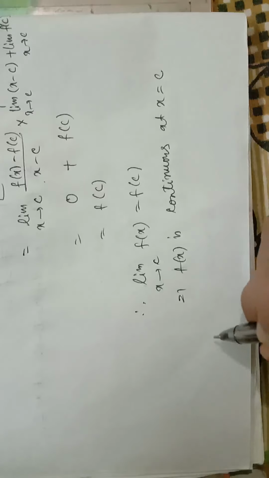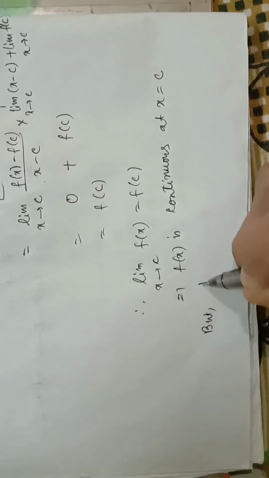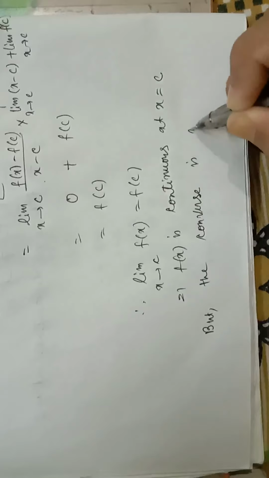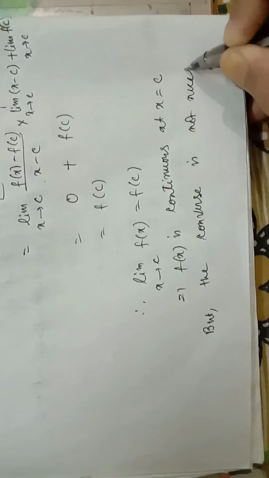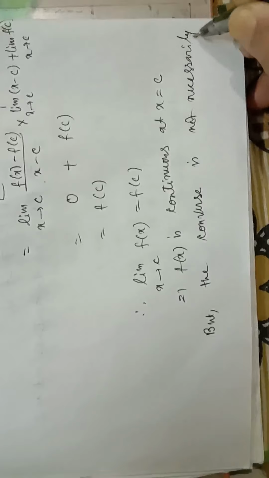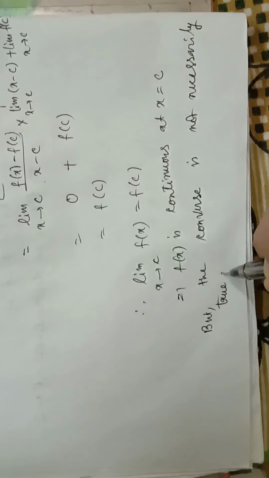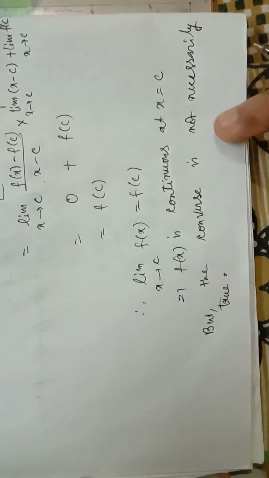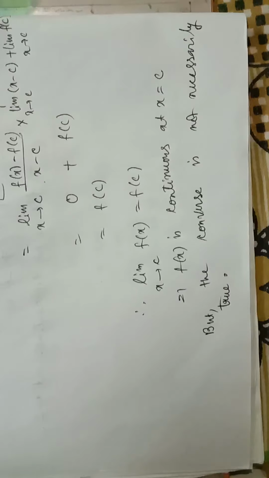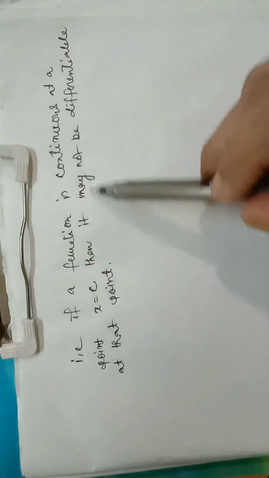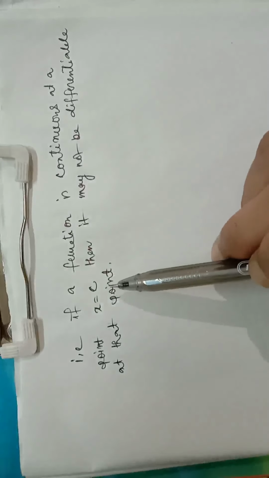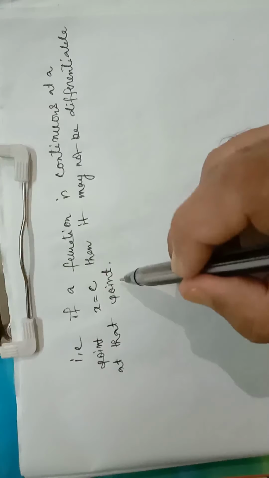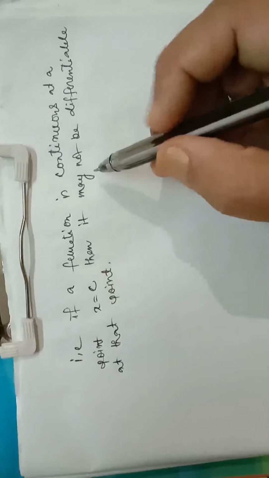But I am writing the converse is not necessarily true. That is, if a function is continuous at a point, the function may not be differentiable at that point. That is, if a function is continuous at a point x equal to c, then it may not be differentiable at the point x equal to c.